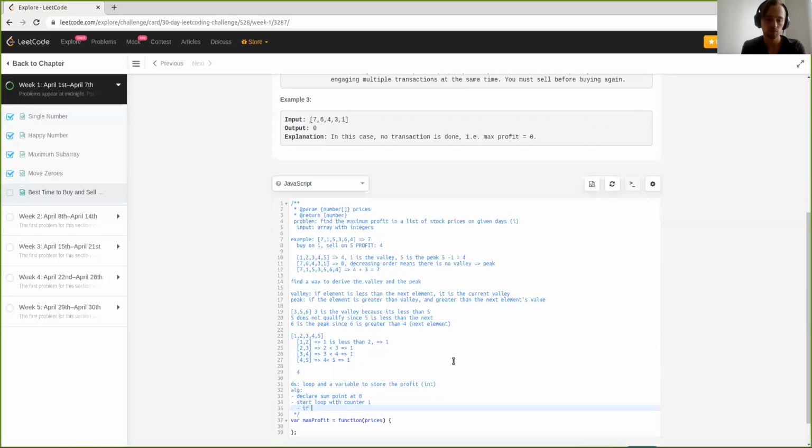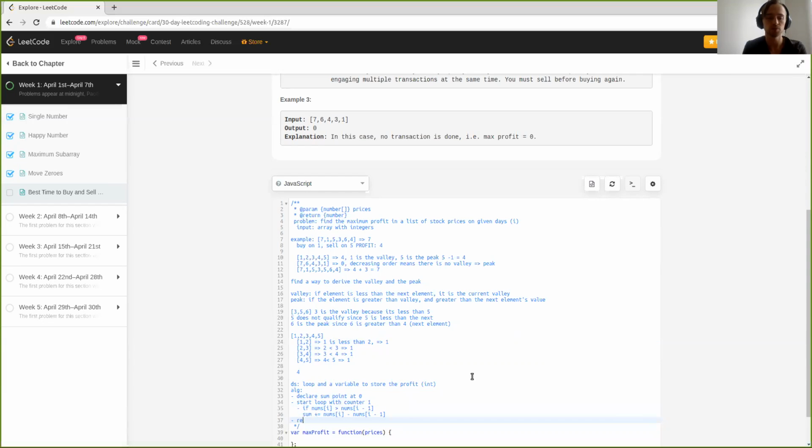In there we'll do: if nums[i] is greater than nums[i - 1], then we add to our profit, actually our sum. To sum, we add the difference of nums[i] minus nums[i - 1].